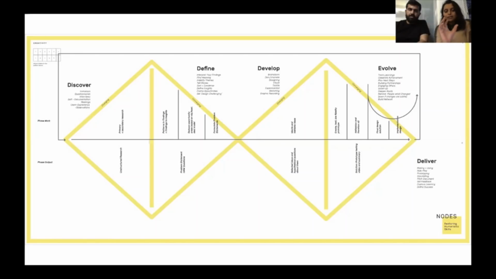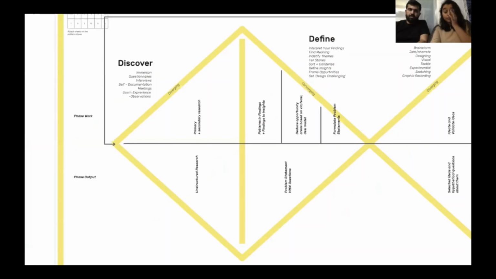To get deeper into this, let us look at discover. Let us look at the first part of it. You start by discovering. First, you identify who you're solving a problem for. Then you get into their lifestyle. You immerse deeply into gathering information about your audiences through primary and secondary research.